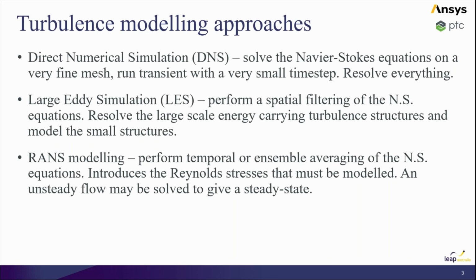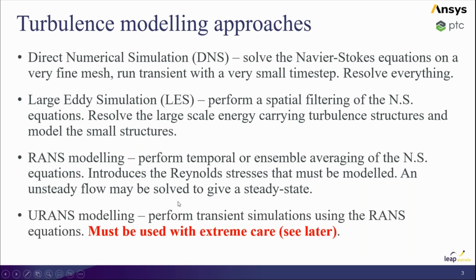But for RANS, we can, and we can get a meaningful solution from that. If we've got something else, like say a backward facing step, where we know the flow is going to end up transient, we can just keep the transient term in the RANS equations and use something called URANS. We can do it, but we must do this with extreme care and understand what we actually can resolve and what we can't resolve by doing that.